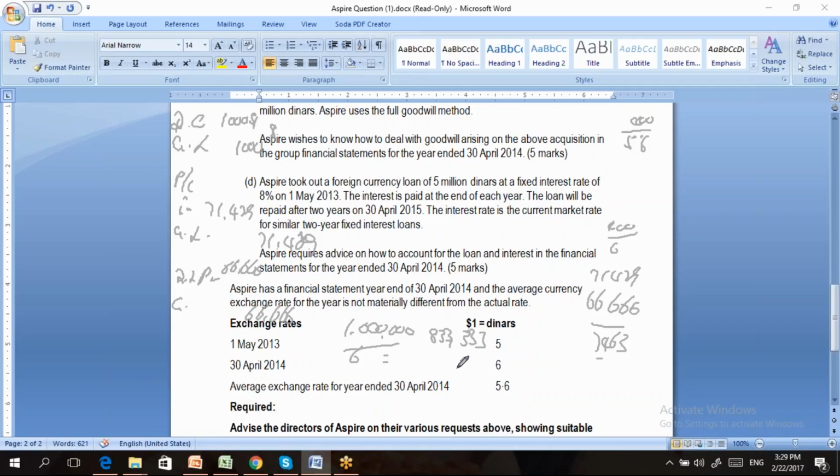That difference of 166,667 should also be credited to the P&L. Any liability reducing, it's a gain that should be credited to the P&L. So the total gain to the P&L will be 166,667 plus 7,463. Both will be credited to the P&L.